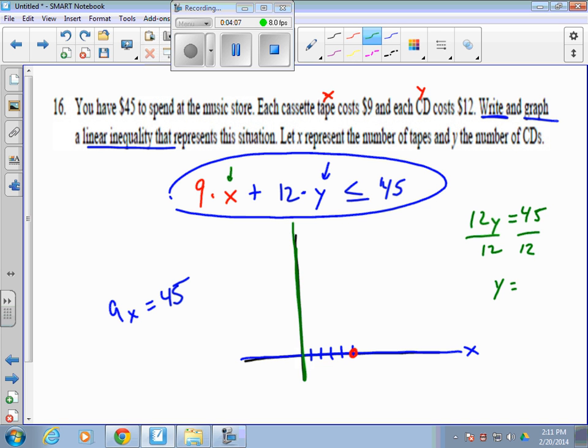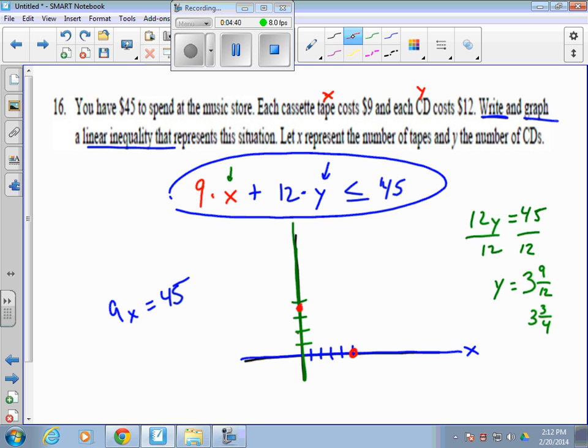Well, we know 12 goes into 36 3 times, so it'll be 3, and there's 9 left over. So 3 and 9 over 12, or 3, and number 3 goes into both of those, 3/4. So where your y-intercept is, it's going to be at 1, 2, 3, 4. At 3 3/4, so about right there, is your y-intercept.